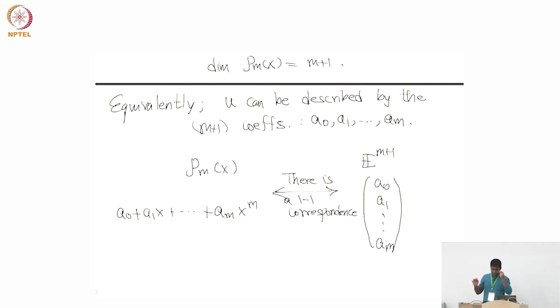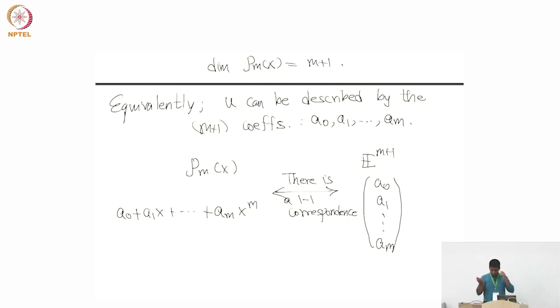So all I'm saying is, it doesn't matter how I describe polynomials. I mean, polynomials are described by their coefficients, right? Once I tell you the degree of a polynomial, x squared has coefficients 0, 0, 1, right? 0 for the constant, 0 for the linear term, and 1 for the quadratic term, this x squared term. x squared plus 2x plus 3, the coefficients are 1, 2, 3, right?